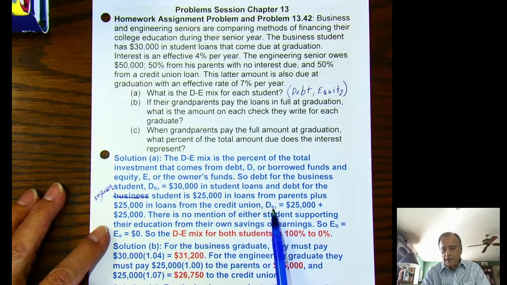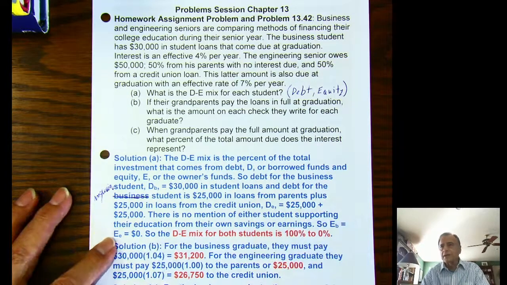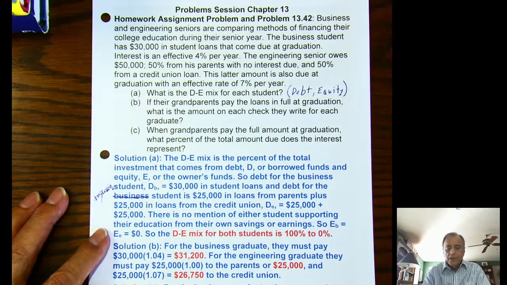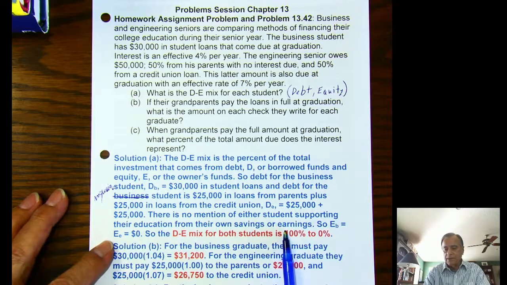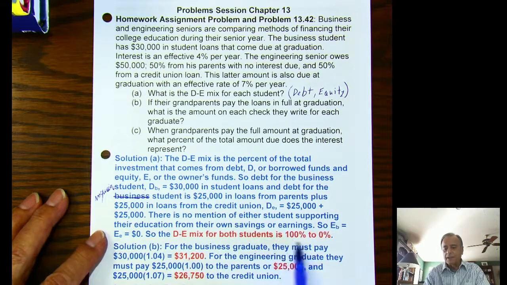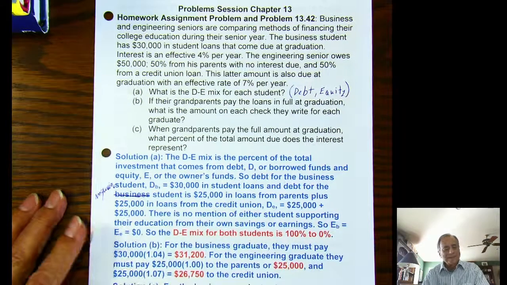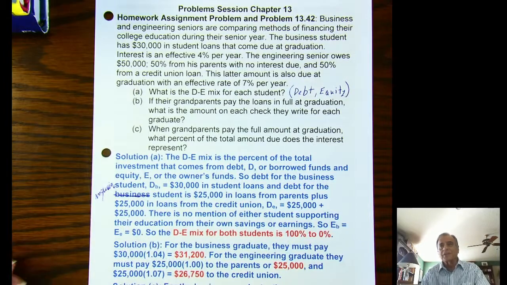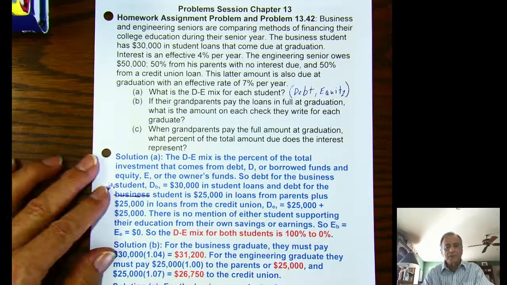So that D sub E is 25 plus 25, that's $50,000. There is no mention of either student supporting their education from their own savings or earnings. So E is equal 0 for both students. So the debt equity mix for both students is 100% debt, 0% equity. It's kind of a dumb question, or I don't know. So we'll go on.